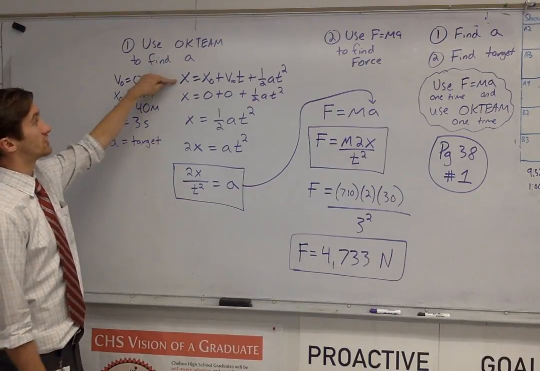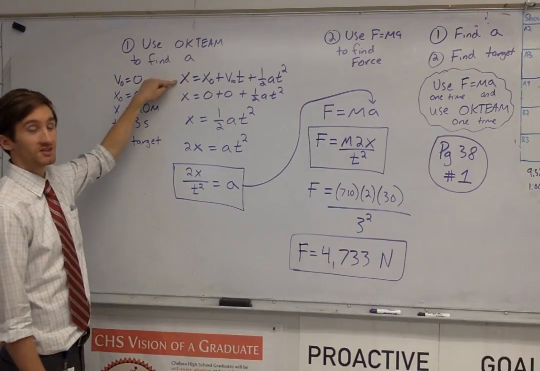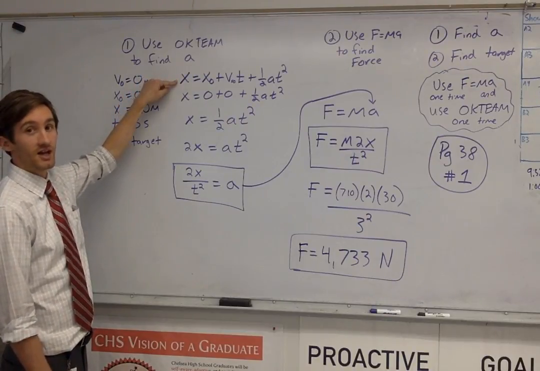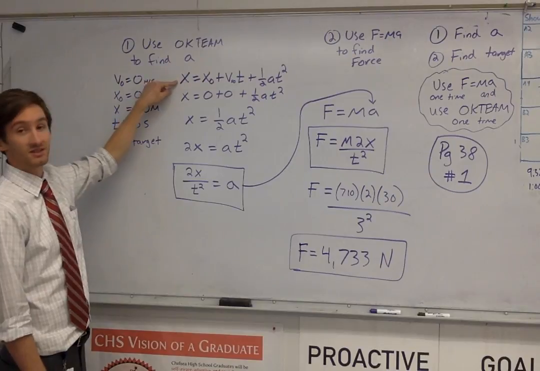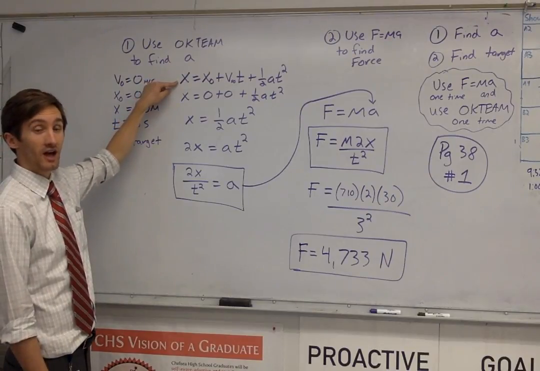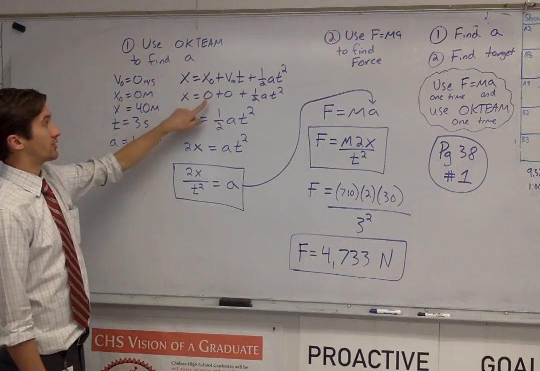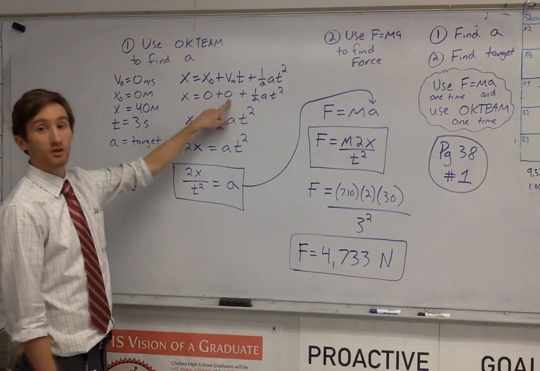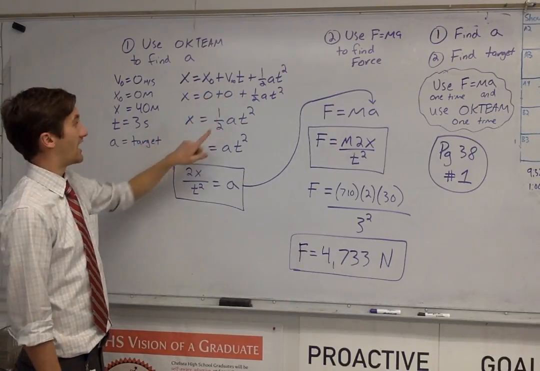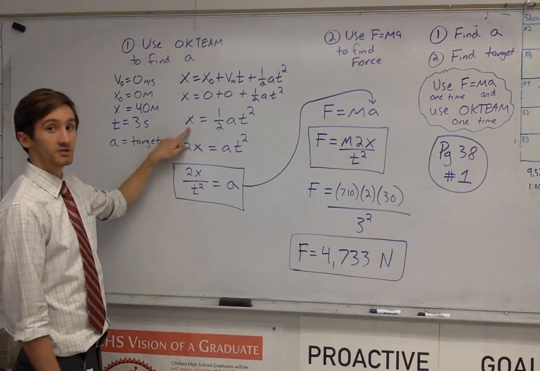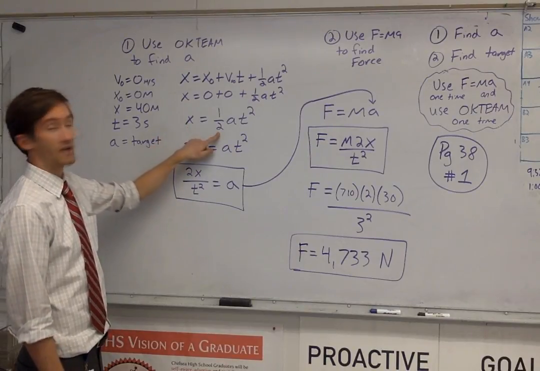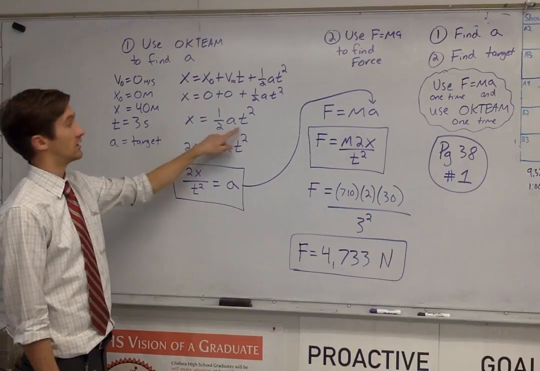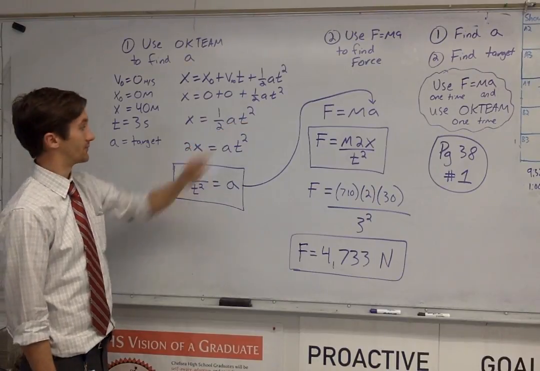I'm going to choose the second equation because it has all of my givens and my target, and it does not have anything that I don't have. I plug in my 0 for starting position and my 0 for starting velocity, and that gives me final position equals 1/2 acceleration times time squared.